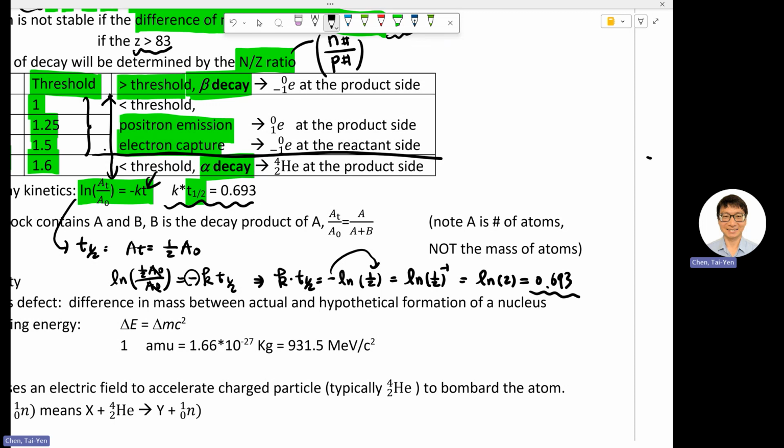The reason is very simple: the decay is a one-to-one transition, a single atom transition. Therefore, the number of atoms matters. It's not the mass of your atom, but the number of atoms. So when you use this equation, it must be either the moles or the total number of atoms. Those are the key concepts that we must have.